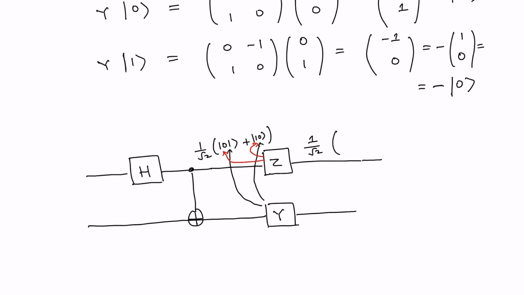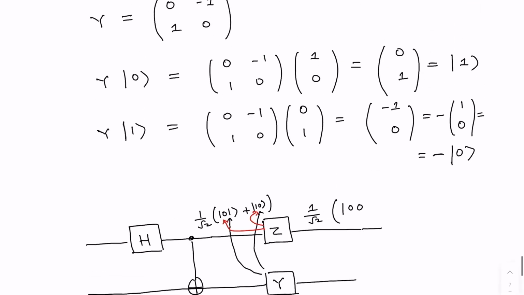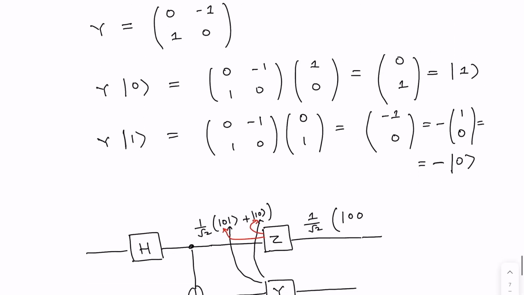So therefore the resultant state is going to be 1 by root 2. You are going to have here 0, and 1 is going to become, because Y gate is operating on it, so 1 is going to become 0, and is it correct? Y is going to operate on 1, you see it's a minus.